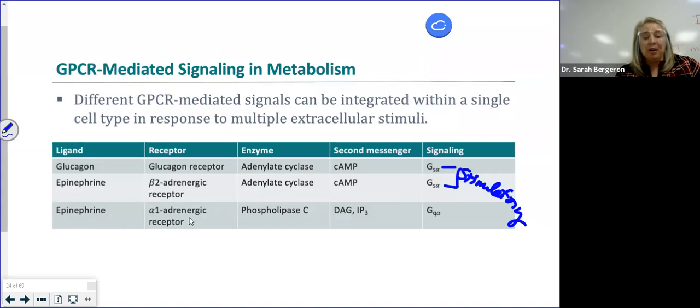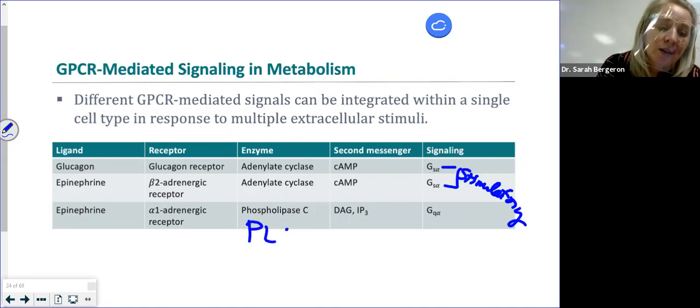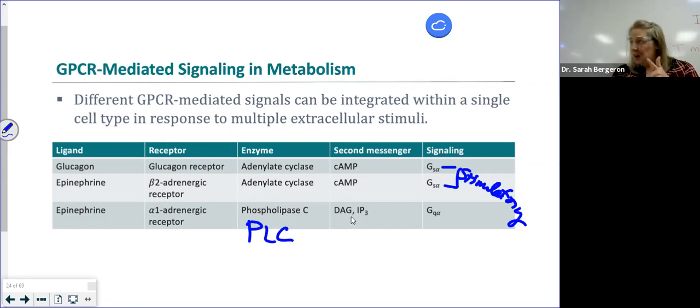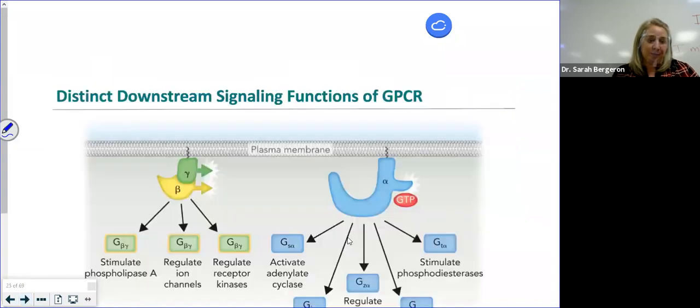So if epinephrine activates the alpha-1 adrenergic receptor, then we're going to activate a different enzyme. In this case, it's phospholipase C, PLC, right? So start to get familiar with those abbreviations. This is going to create what two second messengers that we talked about today? DAG and IP3, right? So this functions through a different set of G proteins. So let's go look at those G proteins.